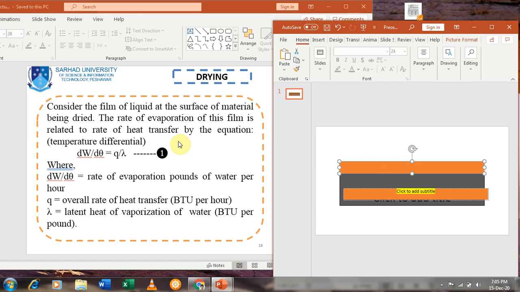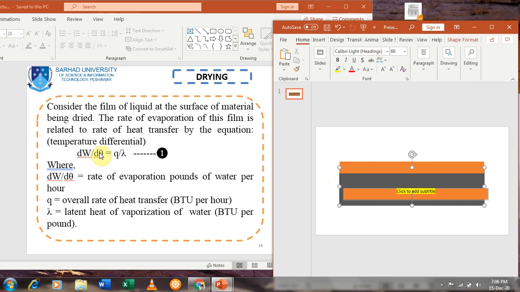If we have a temperature difference, with the surface temperature and the inner temperature being different, the rate of evaporation of this film is related to the rate of heat transfer. The more heat is transferred, the more the rate of evaporation will increase.